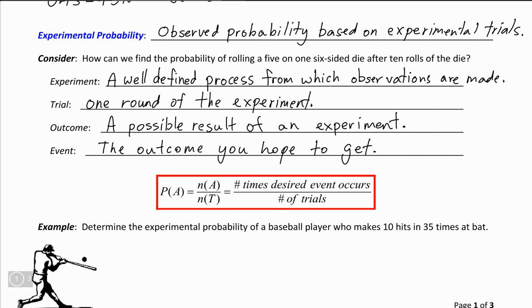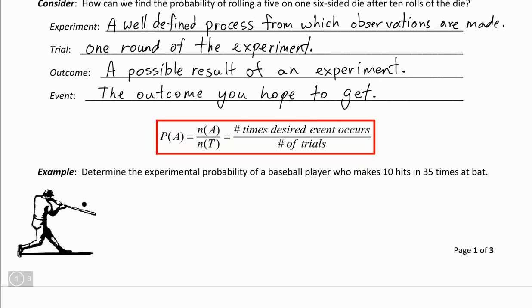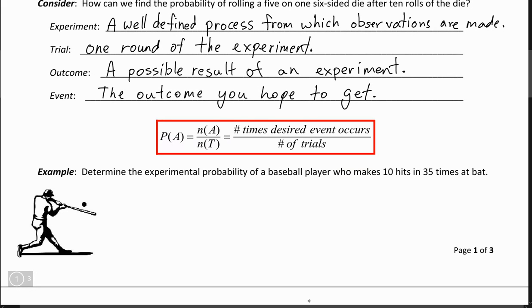Okay. Now we have a formula that will help us calculate the probability of an event, an experimental probability, and this formula is P of A. So think of it like function notation. P stands for probability, A is my event, and it's equal to the number of times that the event happened divided by the total number of trials.